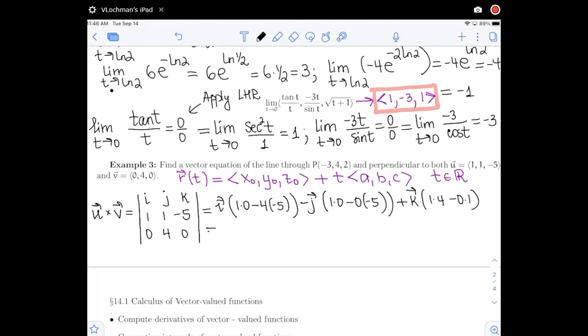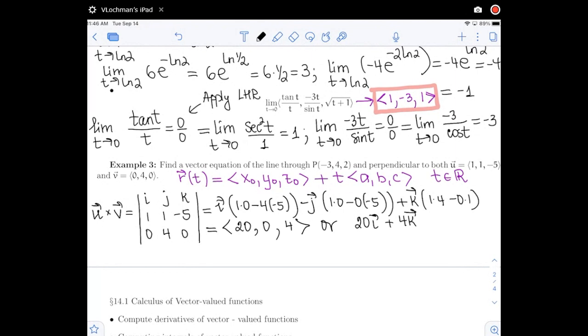So for my i component, I get 20. For j component, I get 0. For k, I get 4. So you can write it either in this form with triangular brackets or 20i plus 4k. That's also fine. Either way.